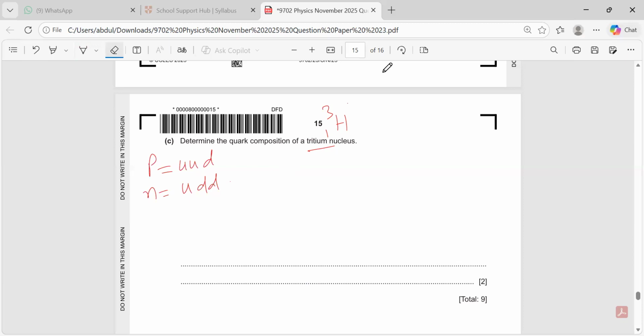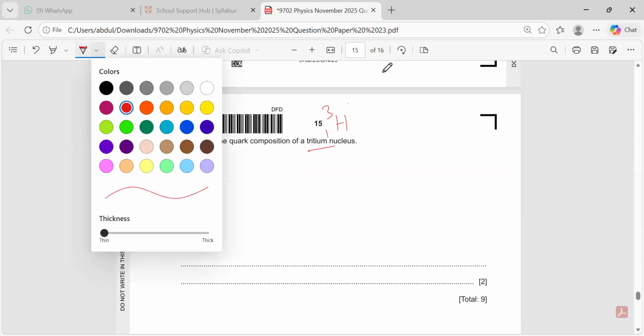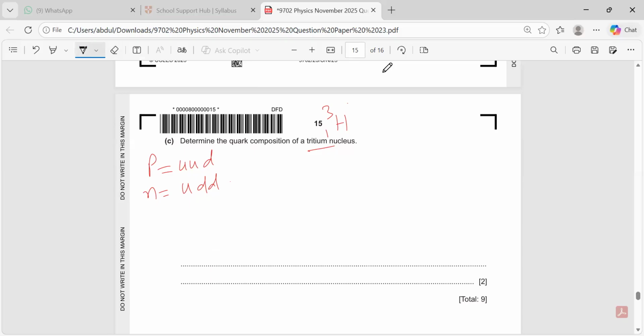My dear friends, what can we do? 1H3 is converted to one proton, and one proton has two up and one down quark.